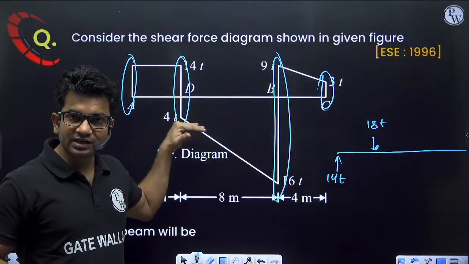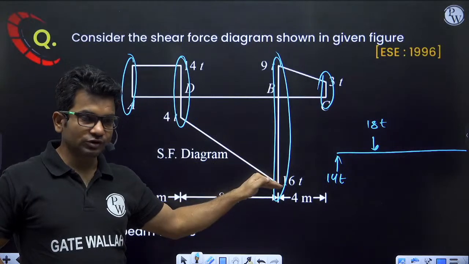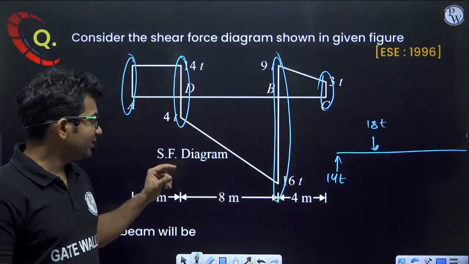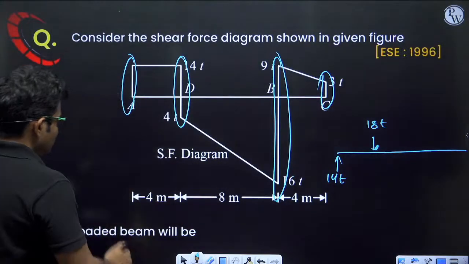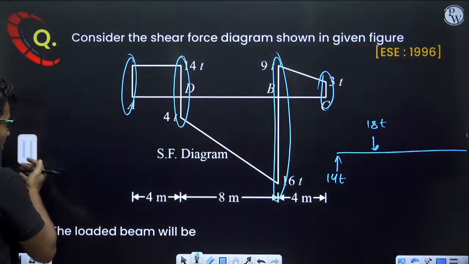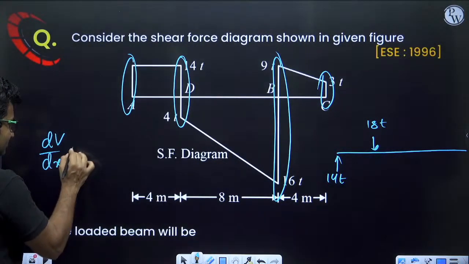When there is linear change or linear decline in the value of shear force, then there is UDL. And what is the value of UDL? UDL will be dV by dx.